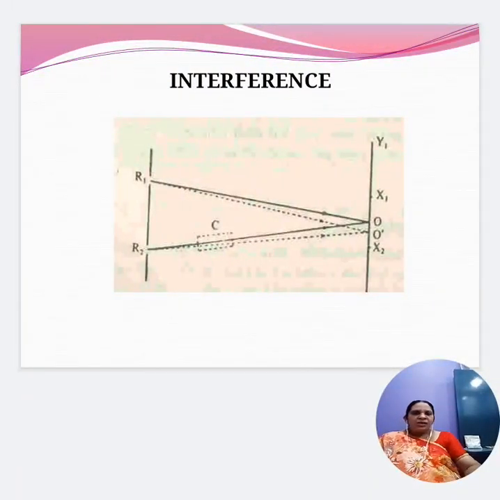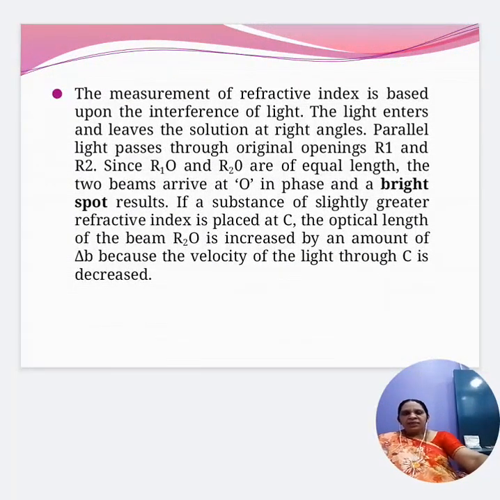I would like to explain how the interference is taking place. This is a figure which shows two slits, R1 and R2. The light coming from R1 is falling on the screen. We will see it clearly. How are you going to measure the refractive index of the substance that is placed in the path of the ray?